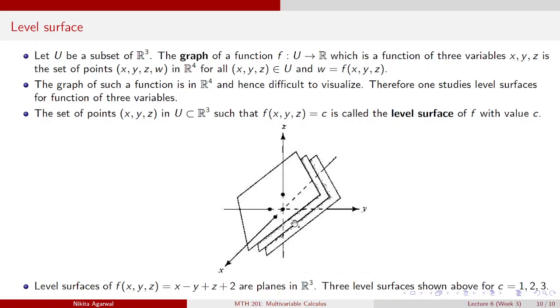That is why this picture looks like this. So for various values of c, you get these planes, all of them having their normal vector as (1, -1, 1). Therefore they are all parallel planes, right? And actually these planes fill up the entire R3, right? So let me stop here. We will look at more examples in the tutorial.